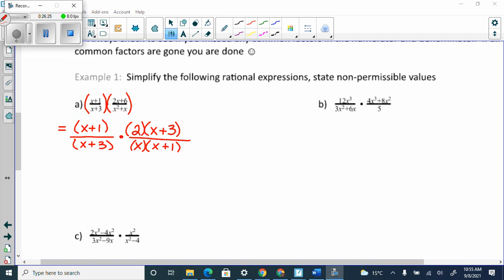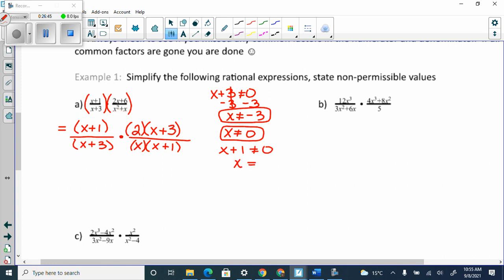So we're going to have to go x plus 3 cannot equal 0. Subtract 3. X cannot equal negative 3. And then we have x cannot equal 0 because it's by itself. And then we have x plus 1 cannot equal 0. X cannot equal negative 1.